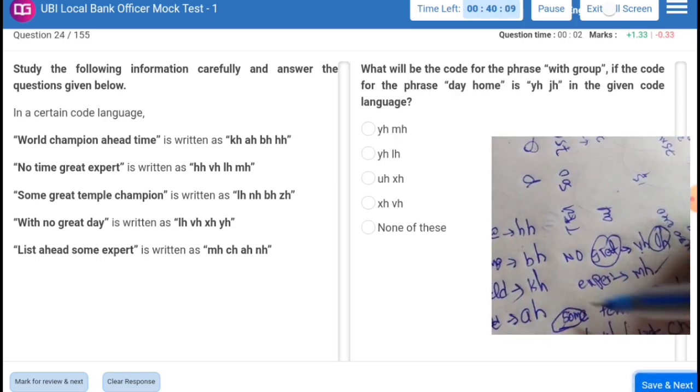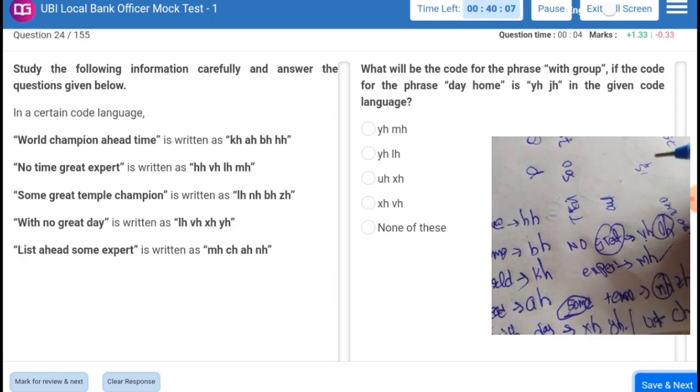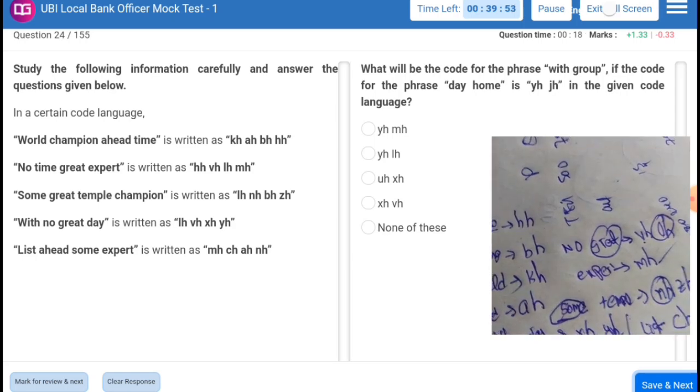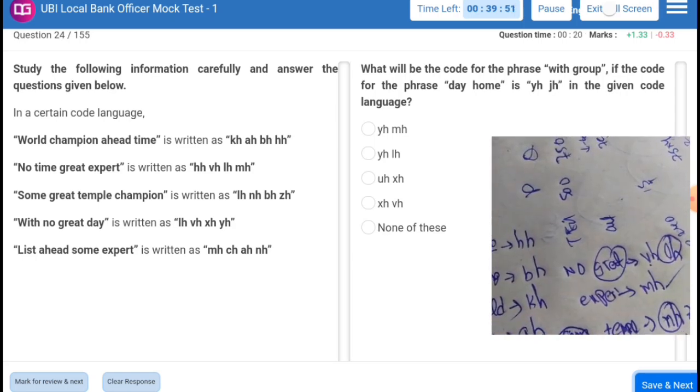With group. So with is day home is XH. XHVH.